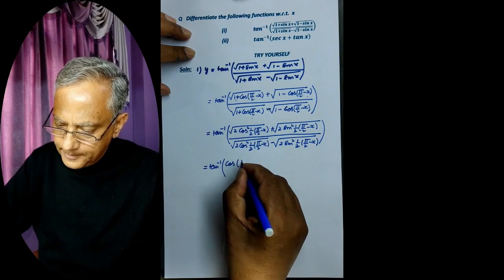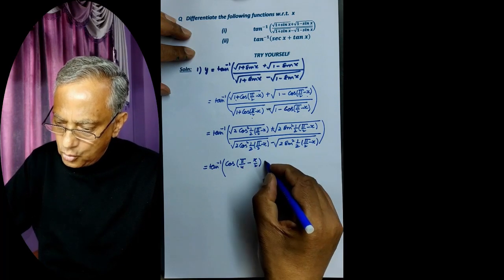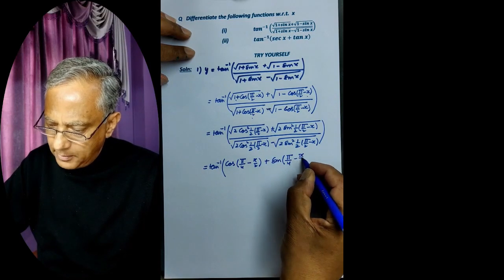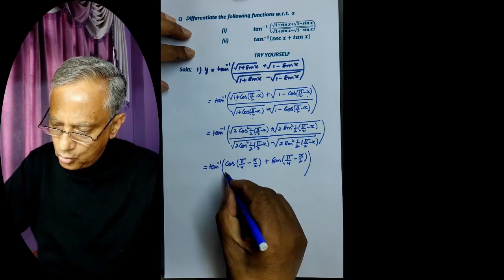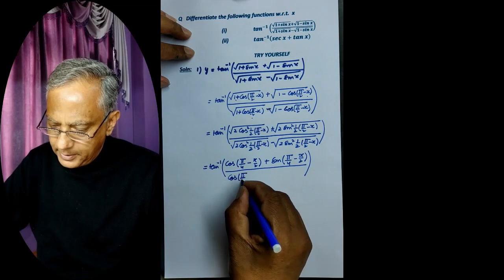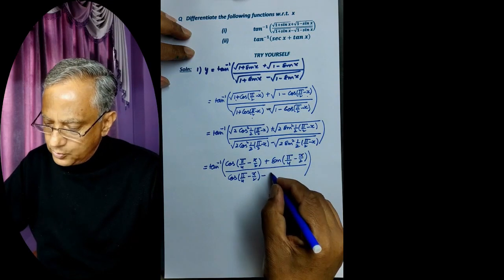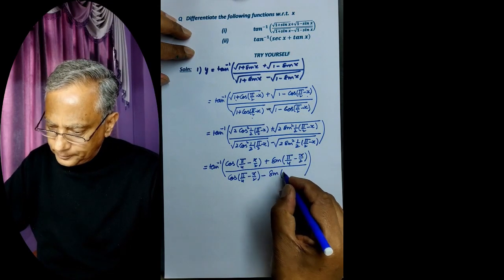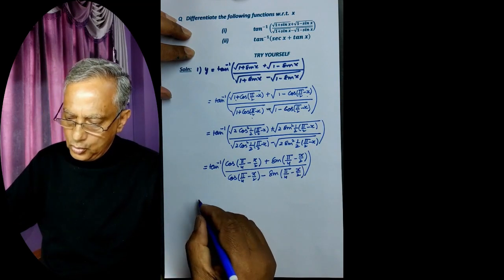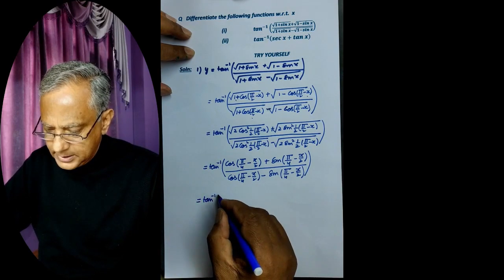This will be cos of pi by 4 minus x by 2, and this will be sine of pi by 4 minus x by 2, whole divided by cos of pi by 4 minus x by 2, and this square and under root cancels, we get minus sine of pi by 4 minus x by 2, and we can write this as tan inverse.